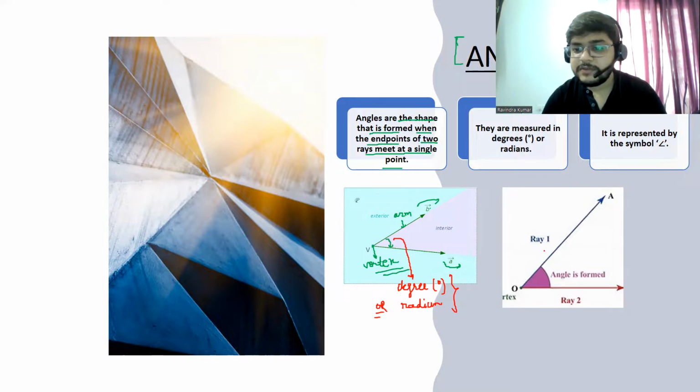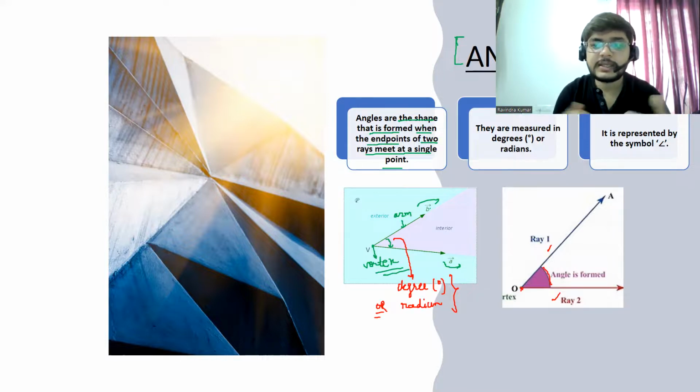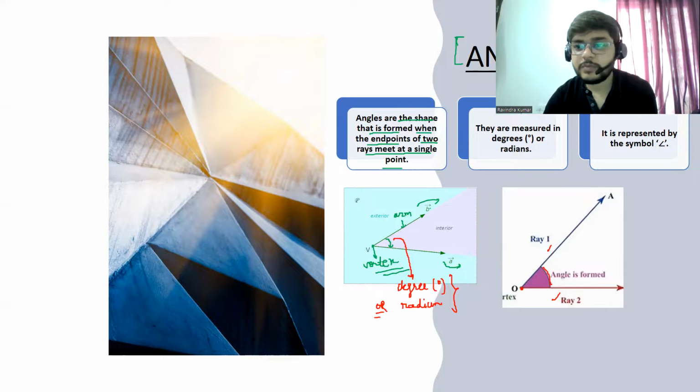You can see from here, this is ray 1, this is ray 2, and this is the endpoint of these two rays, and here the angle is formed at this point. Now if we have to represent the angle, we have to use this symbol. Suppose this is angle 1, we can write it as angle A simply.